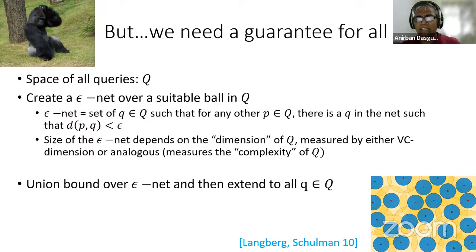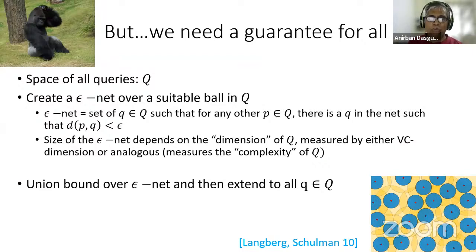What we need to do is cover an infinite space of queries by constructing what is known as an epsilon net, right? Think of it as covering the entire plane by tiling the plane in some sense. Overlapping tiles is fine. By tiling the plane, you can cover the unit ball by using only a finite number of tiles, and you need to prove a union bound over these tiles.